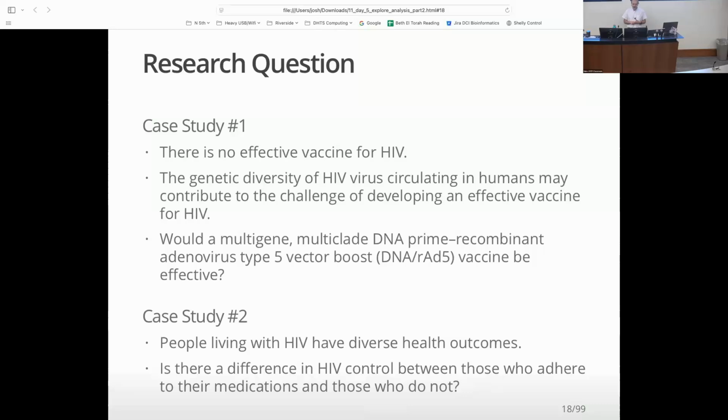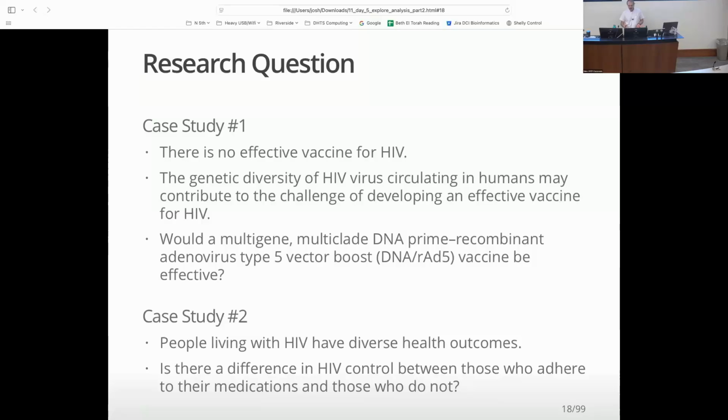I suspect that probably everyone knows that scientists have been trying to develop HIV vaccines for 30 years, 40 years. And so far, there's been one vaccine that had some benefit, but not a lot. So vaccines have gotten more complicated, more sophisticated.